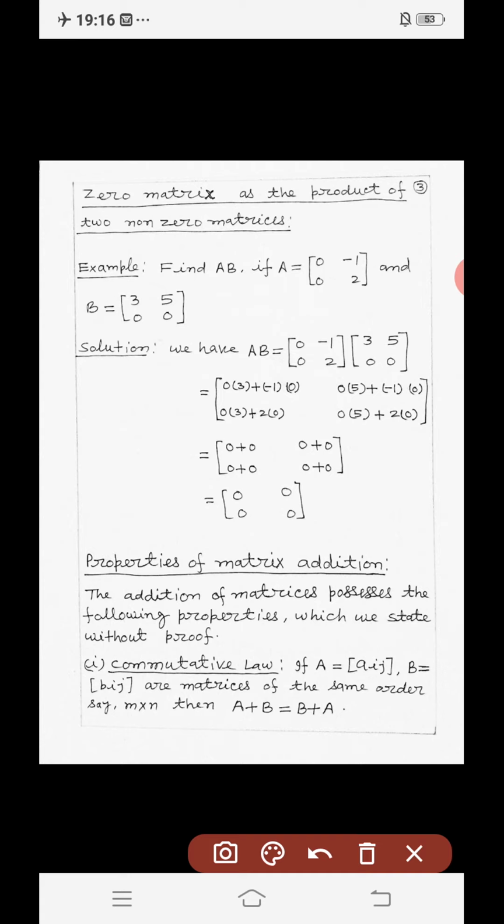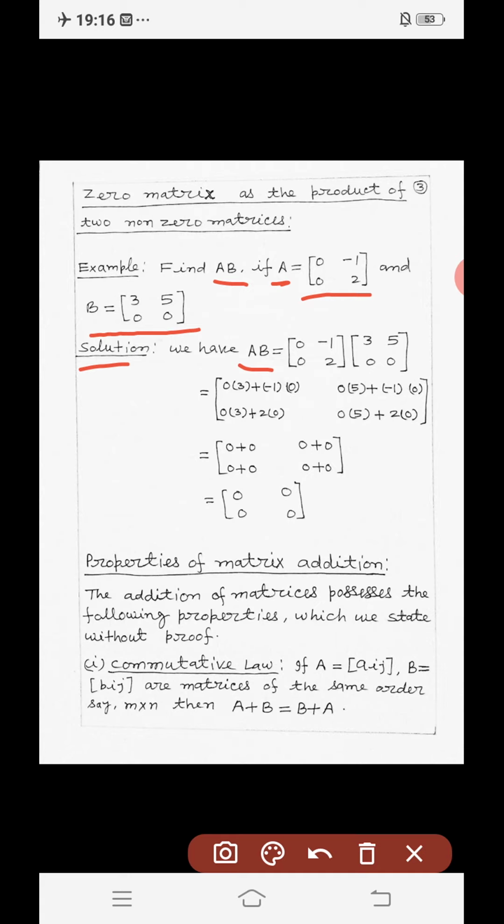Find AB if A has elements 0, -1, 0, 2 and matrix B has elements 3, 5, 0, 0. Let us find the solution. We have AB equal to 0, -1, 0, 2 into 3, 5, 0, 0.